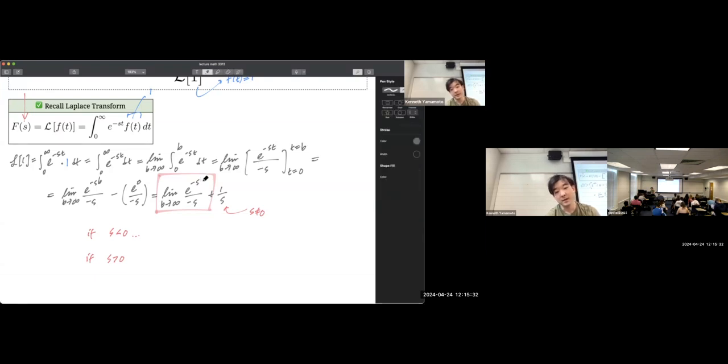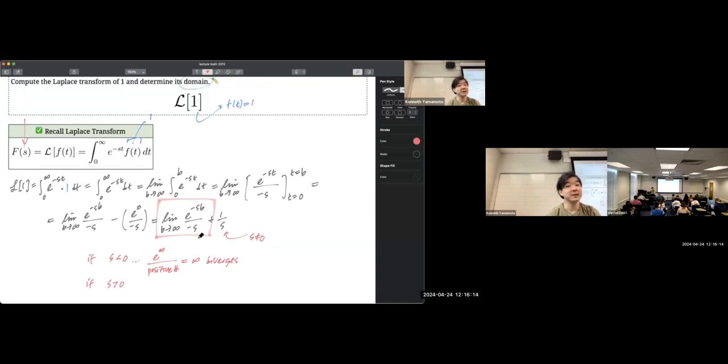If we're letting b go to infinity and s is negative, then it's going to be negative of a negative times infinity, so e to the positive infinity divided by, down here, negative of a negative number, which is some positive number. This is e raised to infinity over some positive number, so it diverges. For this improper integral to exist, we can't have s less than 0, because the limit will diverge.